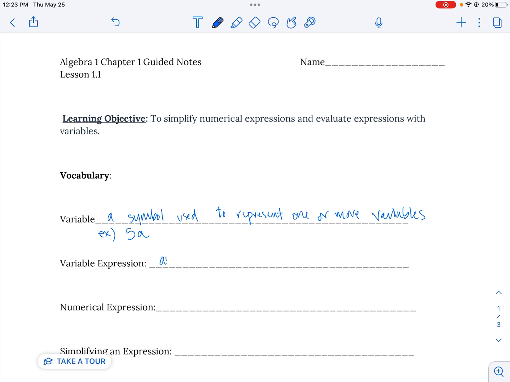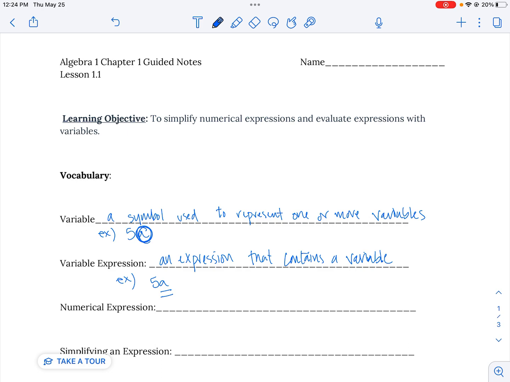So a better example here would be something like 5a, because that is an expression and it contains the variable. In this case, a would be the variable.